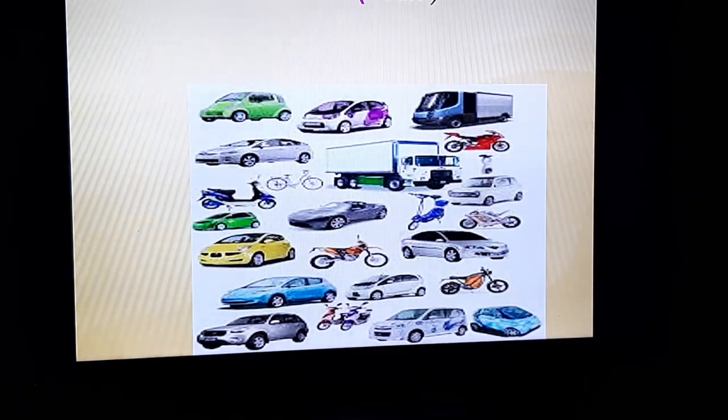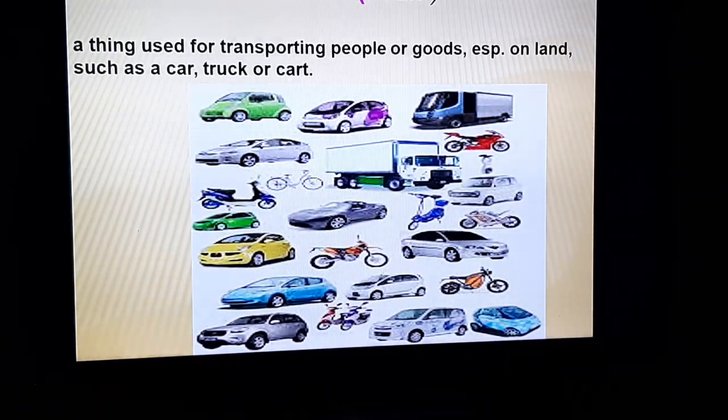Vehicle, these are vehicles: cars, trucks, motorbikes, bikes. A thing used for transporting people or goods, especially on land, such as a car, truck, or cart.